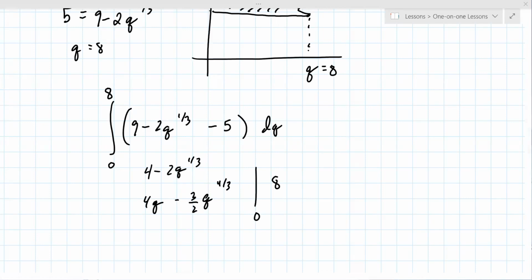I got 8. I don't know if that's right. You got exactly 8. Oh wait, but I think I plugged in the wrong thing. I'm going to use this other calculator for integrating. Yeah, so it is 8.